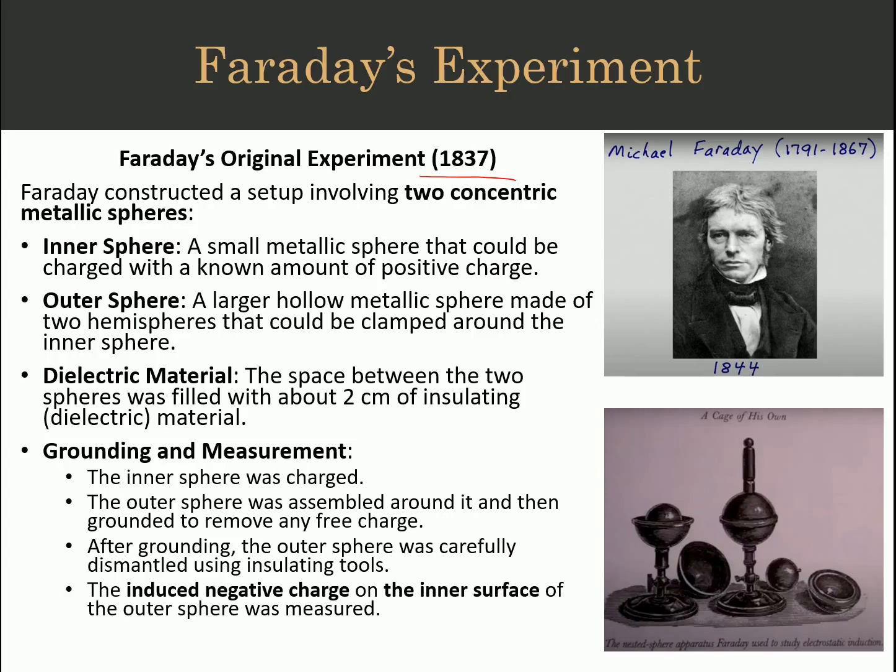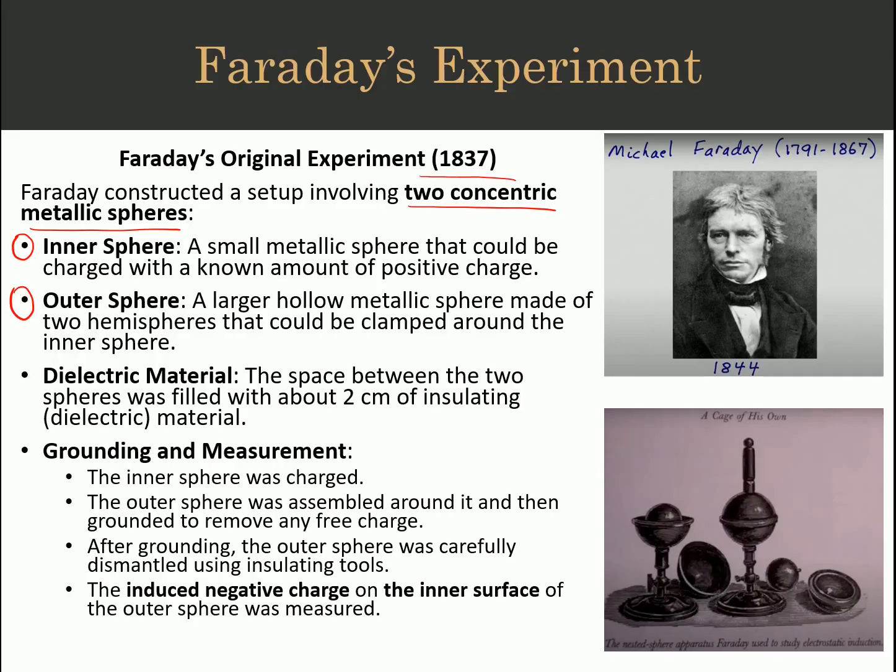What is going to be the effect of these materials on those static fields? In order to do the analysis, he prepared an experimental setup in which he took two concentric metallic spheres. One was a small sphere which he termed the inner sphere, and one was a larger hollow sphere which he called the outer shell.